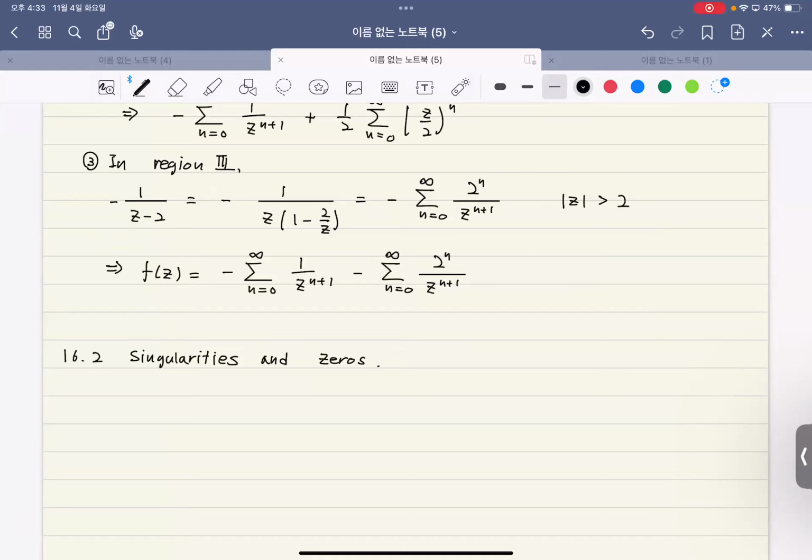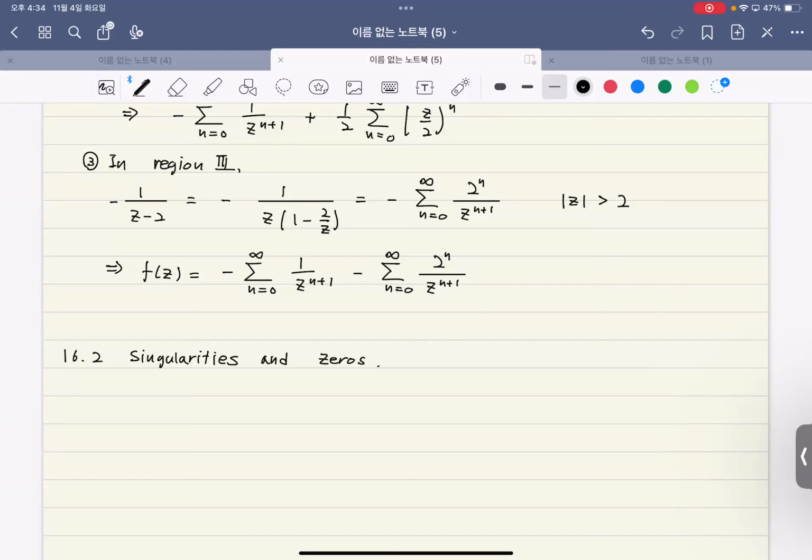In complex analysis, we say my function has a singular point, or sometimes we say my function has a singularity, at point z0 if, first, my function is not analytic at this point.